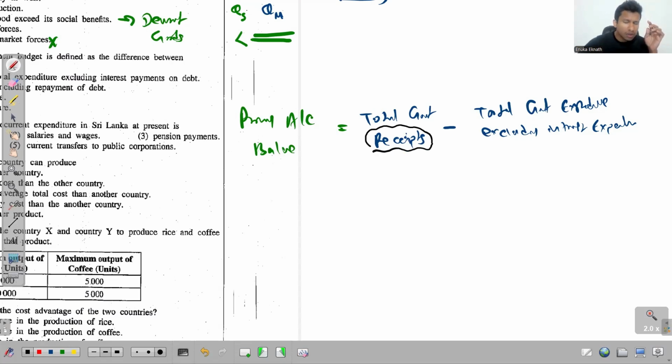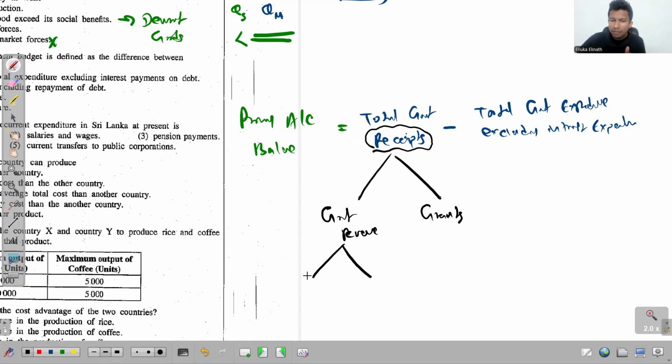I use the word receipts, not the government revenue. Why? When I say receipts, it includes two components. And what are the two components? It includes government revenue plus grants. So the government revenue may consist of tax revenue or non-tax revenue.